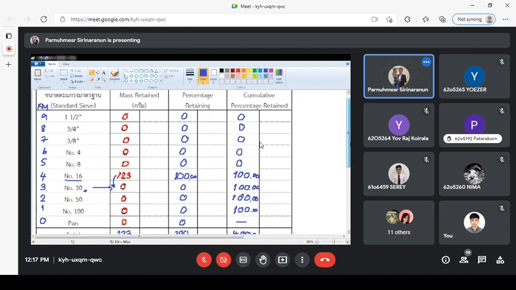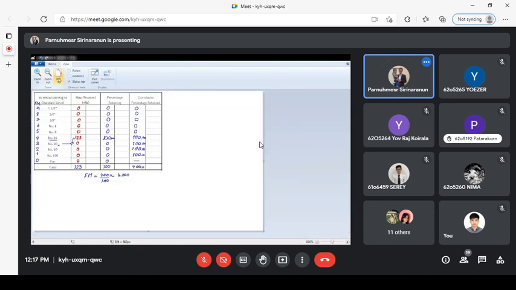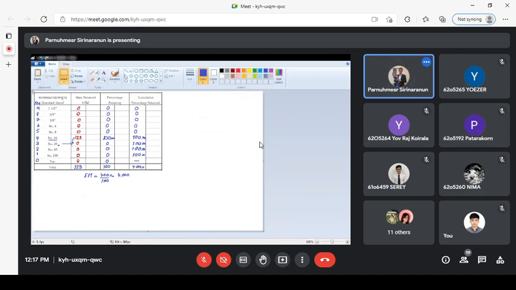Do you hear what I'm saying now? Come back. You know that when your aggregate retains on each sieve only, you get a fineness modulus like that. Then what does it mean?